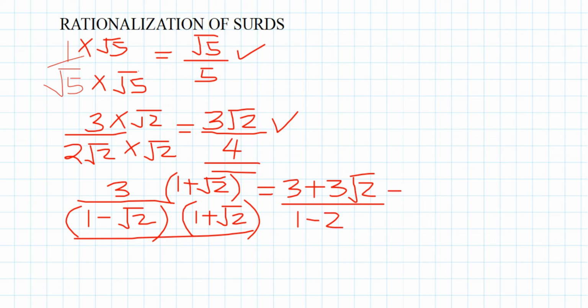And so when you do that, you're going to have 3 plus 3 root 2 divided by negative 1, which is going to give you negative 3, take away 3 root 2. So when you do that, you have removed the surd from the denominator. And so here we say that you have done rationalization of surds.